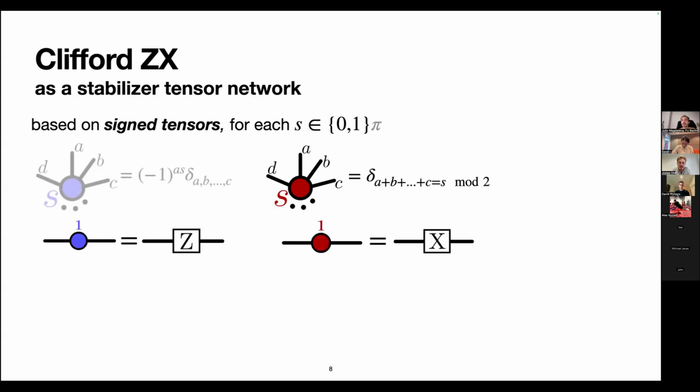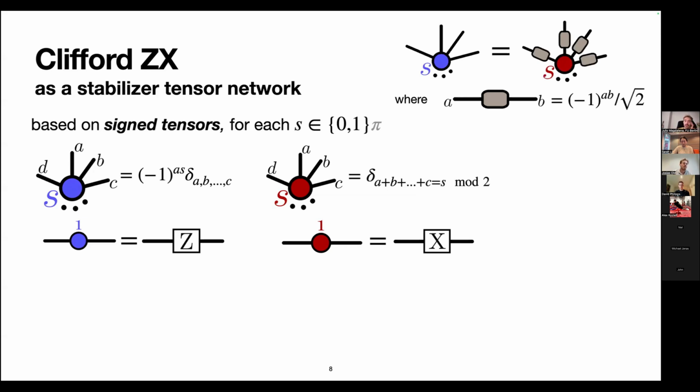So this is a definition, and it turns out to be useful because if we work with Pauli matrices, they have a very natural representation in terms of these tensors. Then we can represent Pauli Z and Pauli X matrices, hence also the name ZX, I guess, by these signed versions of these tensors.